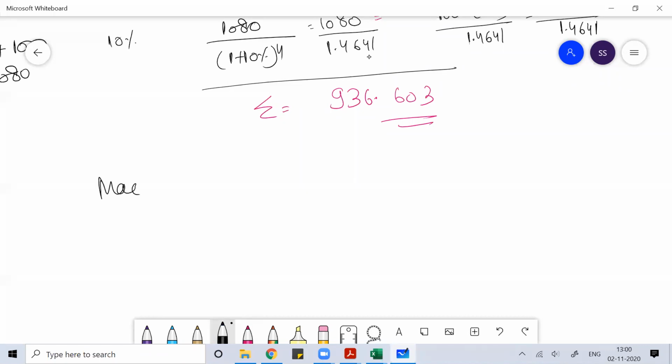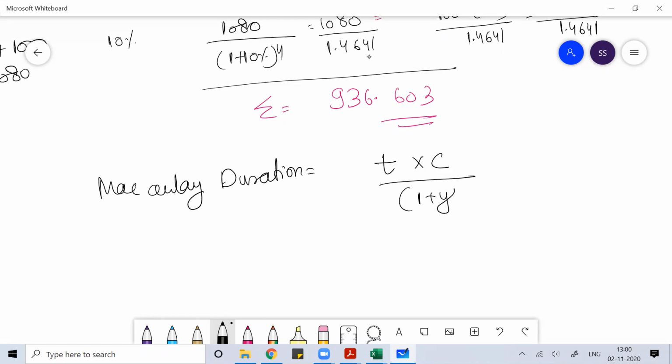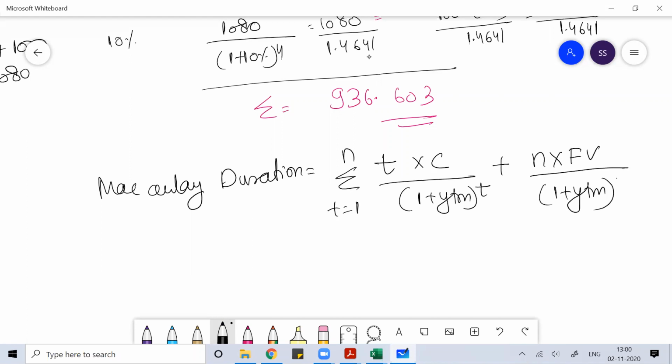The duration of the bond, if you remember, the Macaulay duration, is nothing but t into cash flow divided by 1 plus YTM to the power t. You will determine the present value of cash flow, plus n into face value divided by 1 plus YTM to the power n.